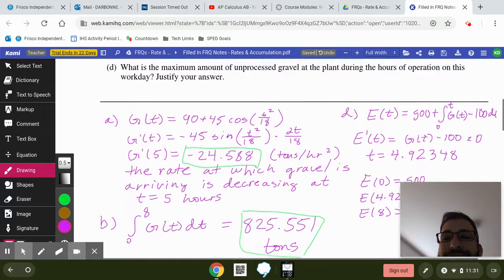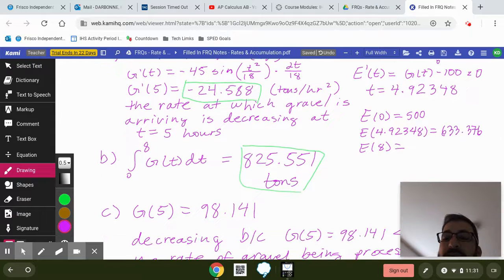We'd be plugging 8 into our integral, so 500 plus the integral from 0 to 8, and that would give us 525.551.